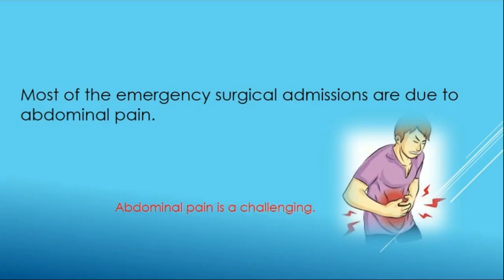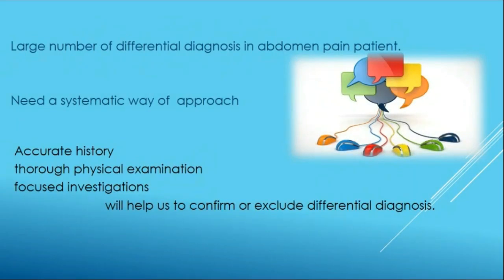It's a very difficult task. When you get a patient with acute abdomen, a lot of differential diagnoses come to our mind. So what we have to do is narrow down or shortlist the differential diagnoses, for which we need some form of systematic approach.